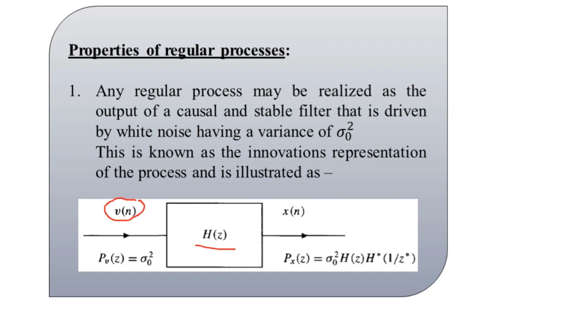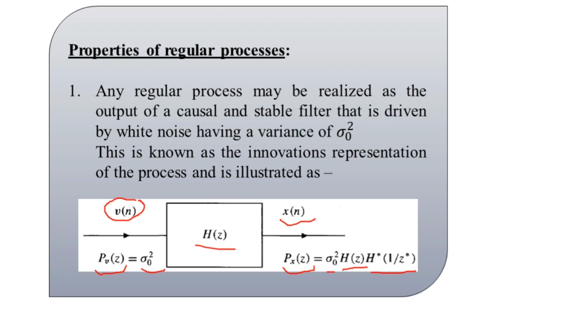The power spectral density in the z domain, Pv of z, is equal to sigma 0 square, and after filtering we obtain x of n. The corresponding power spectral density Px of z is sigma 0 square into H of z into H conjugate of 1 upon z conjugate. This is called the innovations representation of the process.